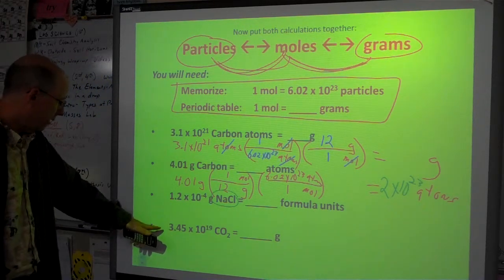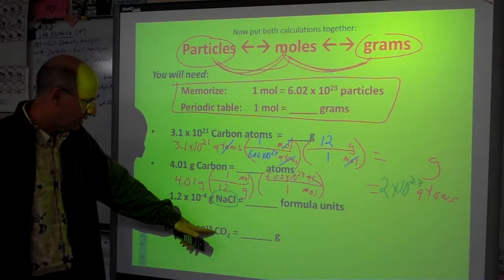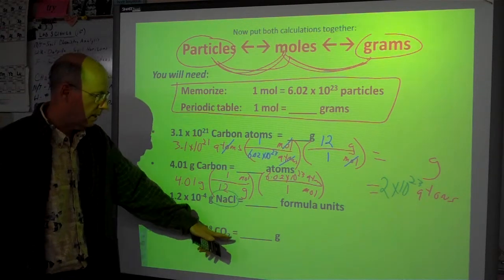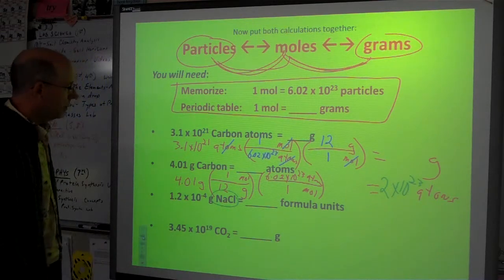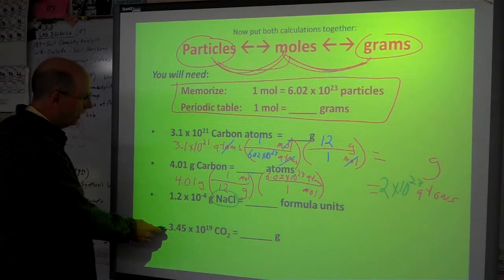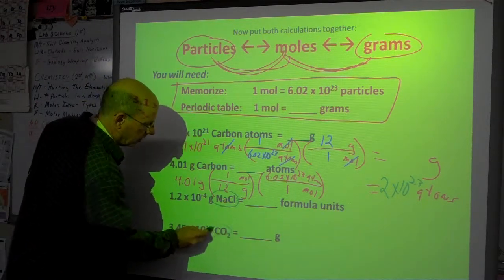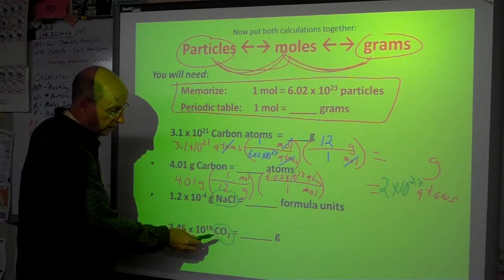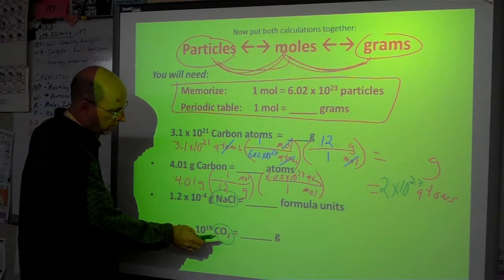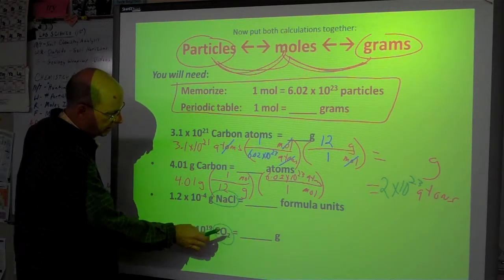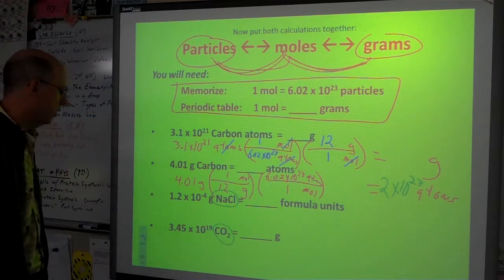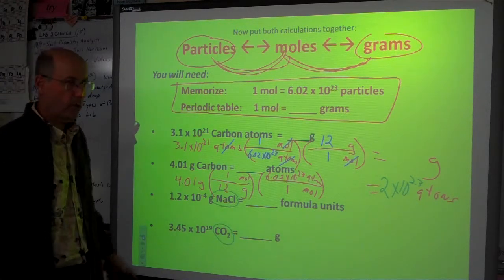And then right here we have 3.45 times 10 to the 19th carbon dioxide molecules, how many grams? This problem will be just like the first one, and you have to be careful because CO2 weighs 44. Let's see, 16 plus 16 is 32, plus 12, yeah, it's 44. 44 grams per mole.